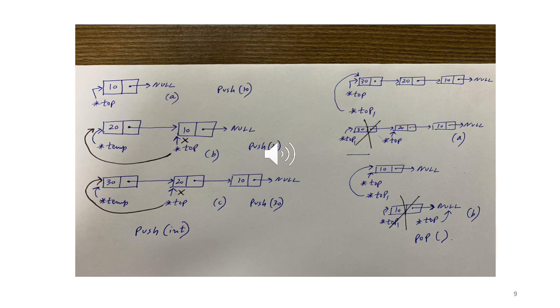So now top contains the starting memory location of that block of memory capable of storing the first node. Now we just fill in the values. Top is a pointer to that node, so we can use the arrow for accessing the individual members. Top arrow info is data, which is what we specify as a function argument in push.